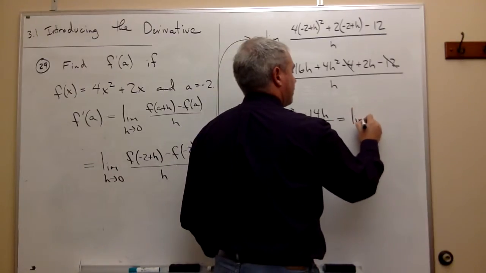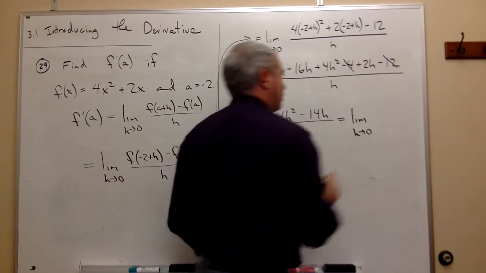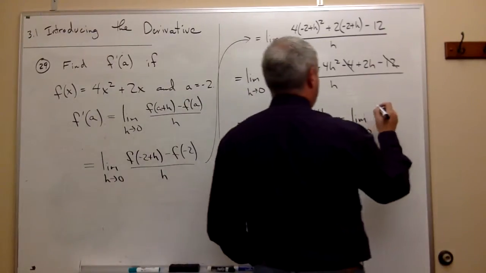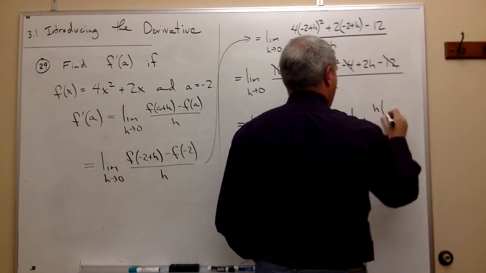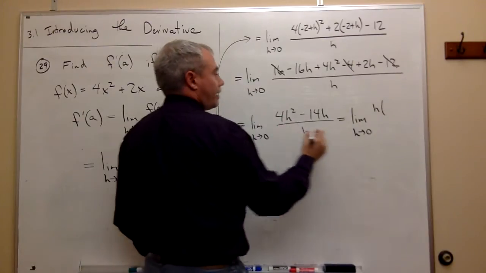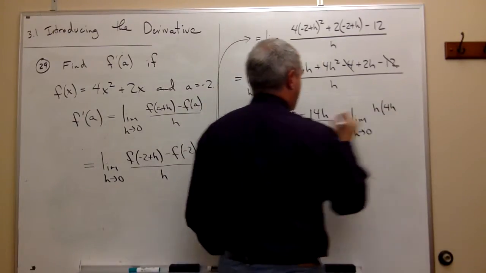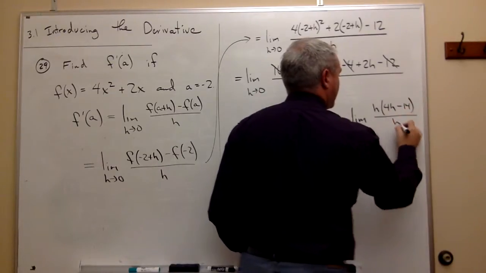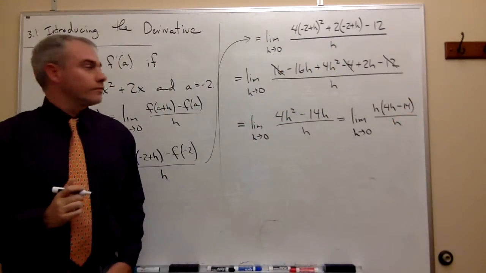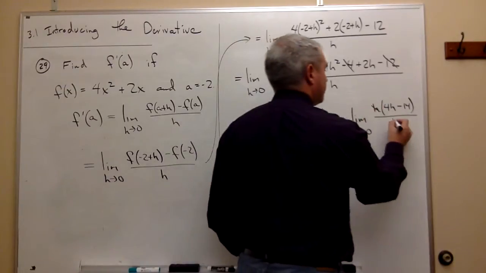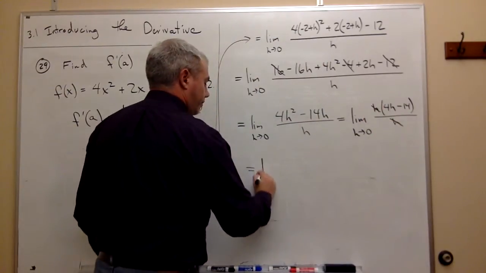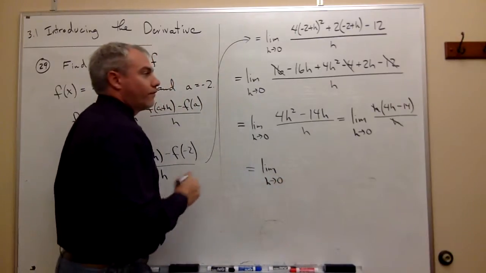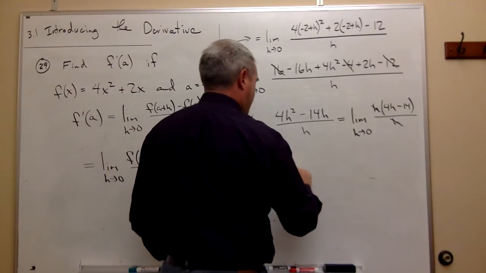And if I do, I get the limit as h goes to 0 of h times 4h minus 14 all over h. The h's cancel, and I'm left with the limit as h goes to 0 of 4h minus 14.